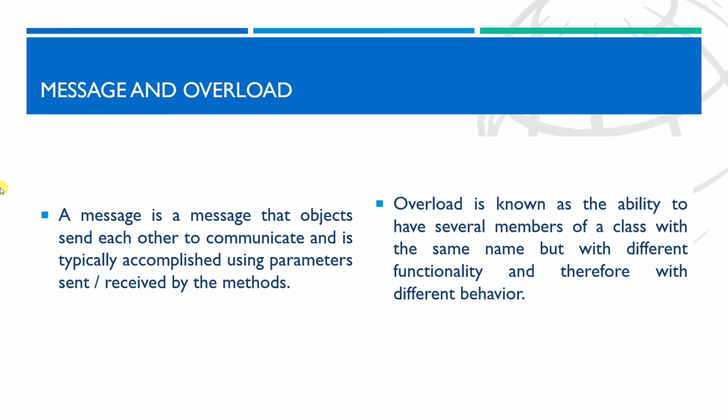And the overload. In object-oriented programming, overload is known as the ability to have several members of a class with the same name but with different functionality and therefore with different action. It can be implemented by creating methods with the same name but with different amounts and types of parameters.